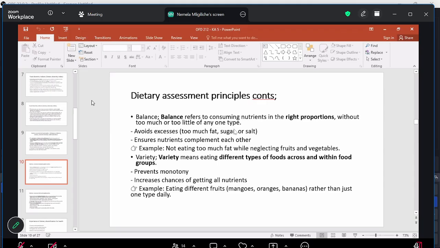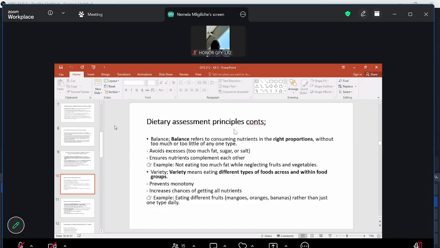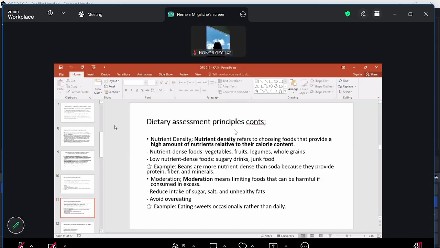And what about low nutrient density? What types of foods are those? Sugary drinks like soda. Excellent. Sugary drinks like soda, chipsi, highly processed food, all the junk foods are low nutrient density foods, which are not good for health.